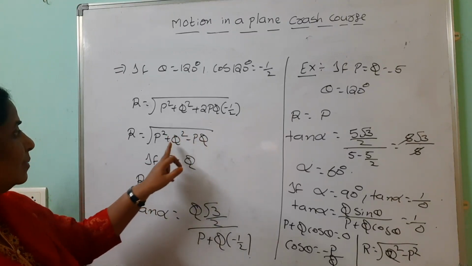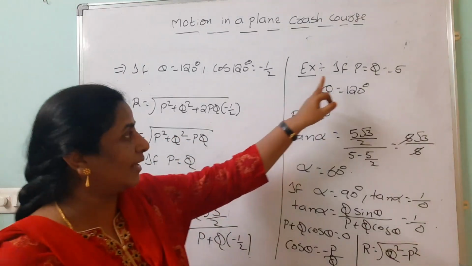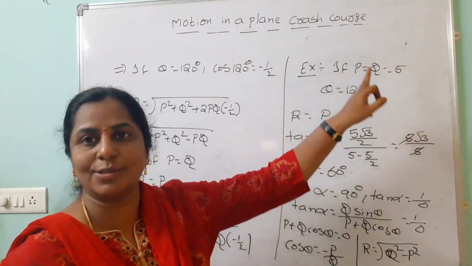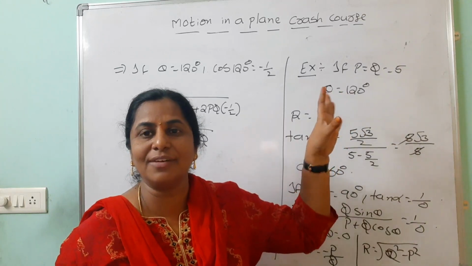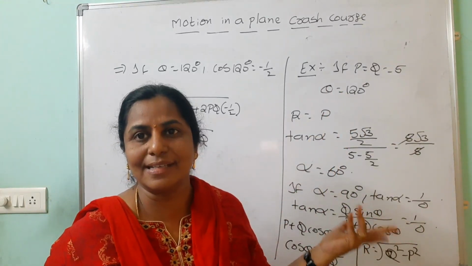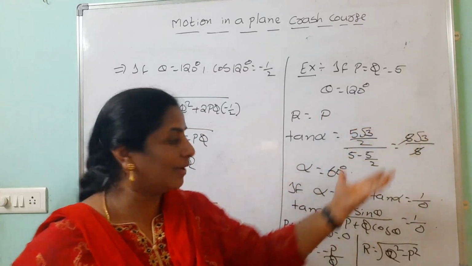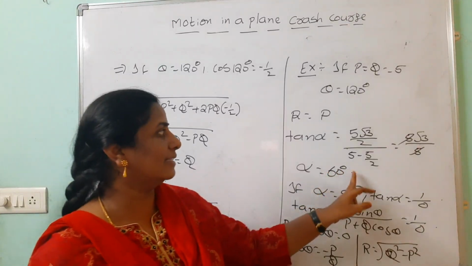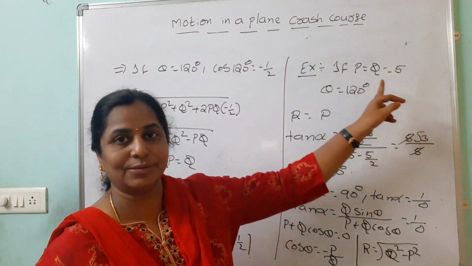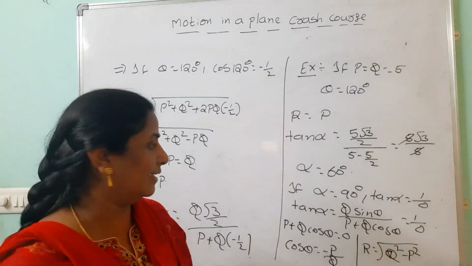Minus P square cancels, and under root P square, the resultant, is nothing but P. Here is one example: if P equals Q equals 5 and the angle is 120 degrees, within a fraction of a second you can say the resultant is either P or Q, both are the same, so 5 units.